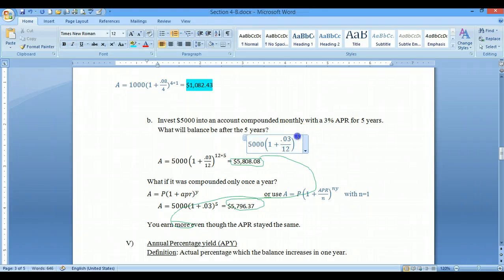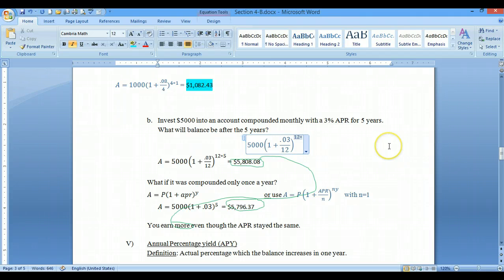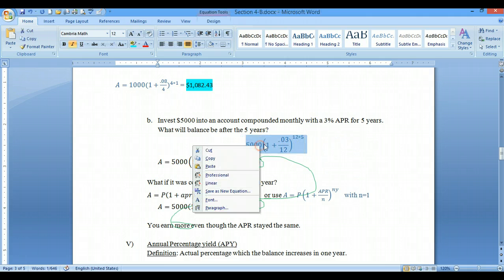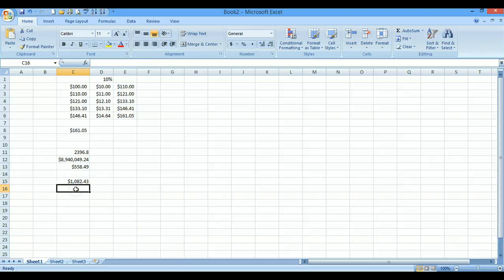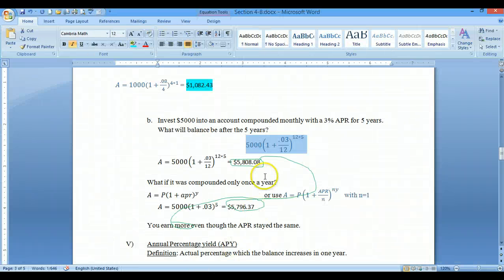Number of periods up here will be 12 times the number of years. Delete and put 5. And then you can copy and paste this into Microsoft Excel. Equals, Control V, make sure you put a multiplication sign there, and we get $5,808, which is what I have copied and pasted into here.